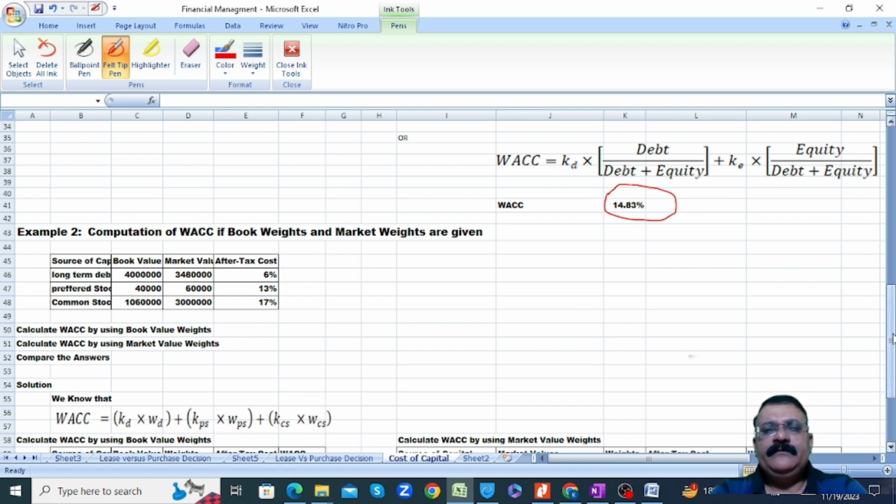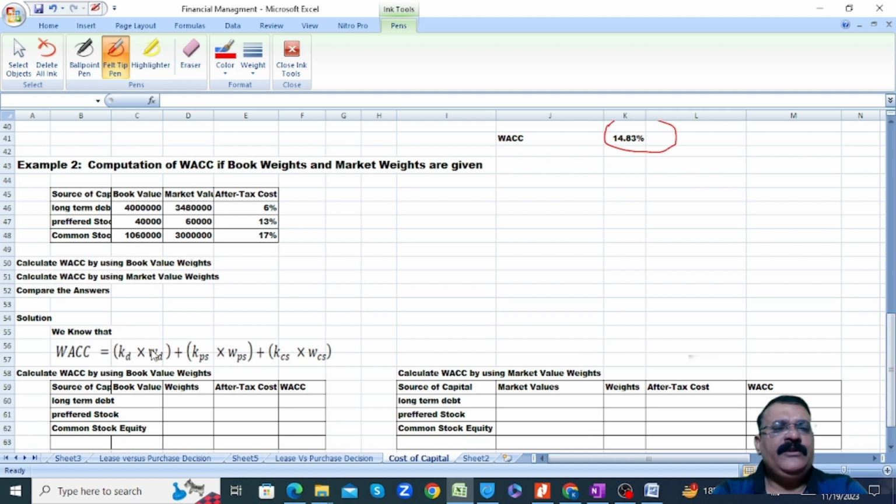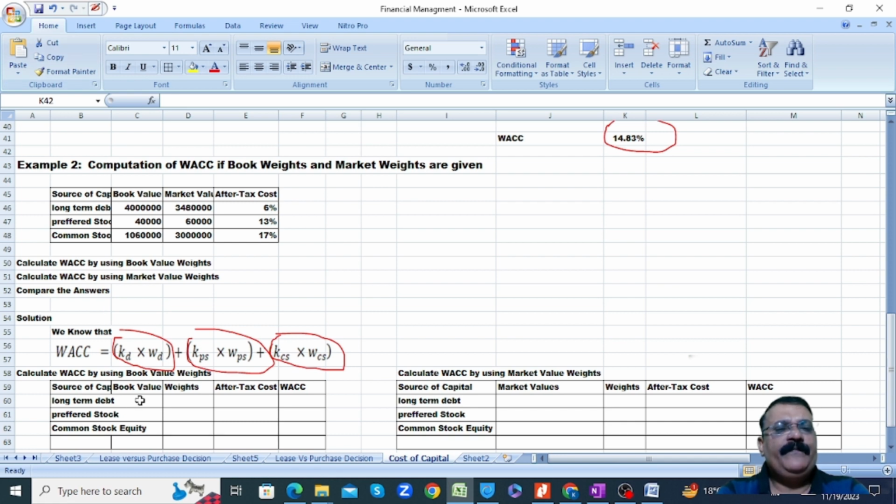We know that weighted average cost of capital is cost of debt multiplied by weight of debt plus cost of preferred stock multiplied by weight of preferred stock, plus cost of common stock multiplied by weight of common stock. And now we have computation for book value weights.